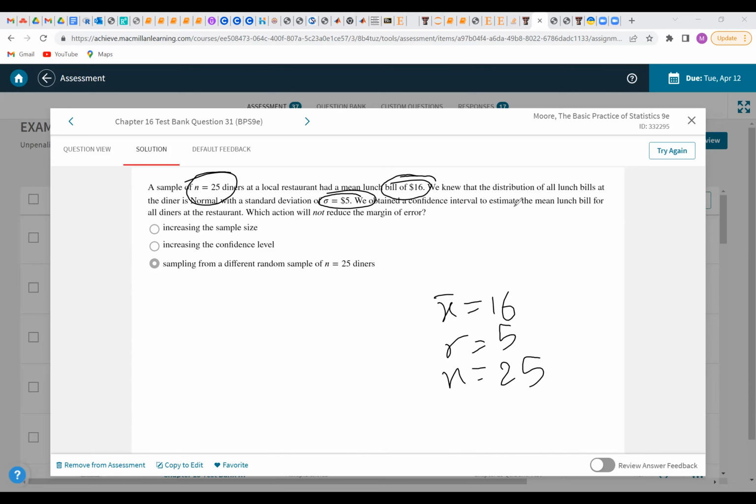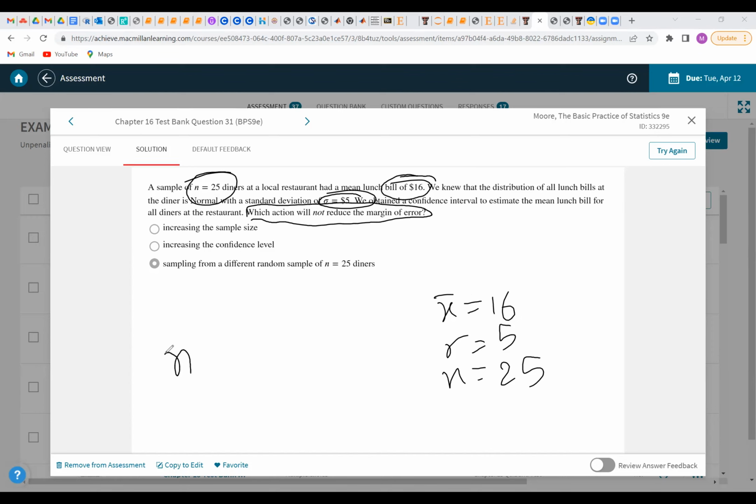And it has a normal distribution with standard deviation sigma 5. We obtained a confidence interval to estimate the mean lunch bill for all diners at the restaurant, and we need to determine which of the following actions will not reduce the margin of error.